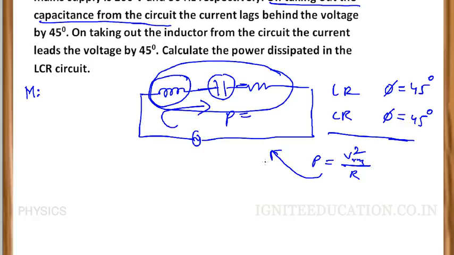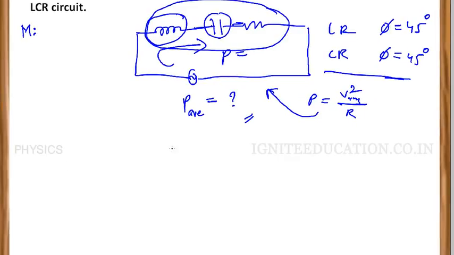For this type of problem we have another formula for the average power dissipation. So our motto is to find the average power dissipated by the LCR circuit with L, C, R in series combination. That is our motto.